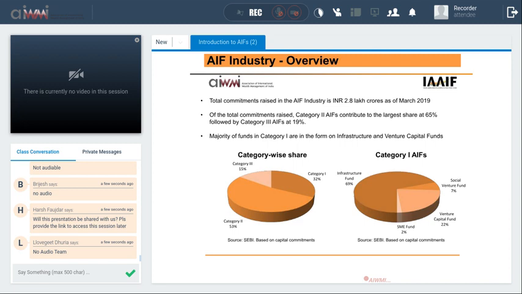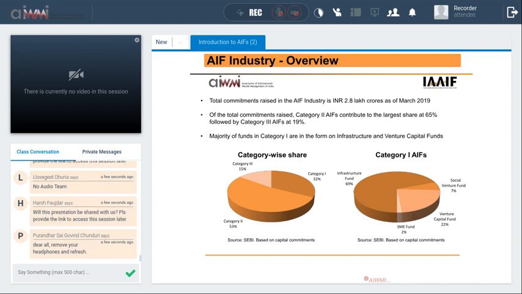So category two is really dominant, as well as category three itself also has a very, very high share. Now within category one, most of the funds are infrastructure funds. You have examples of social venture, venture capital, and SME funds as well. But predominantly, you're using the category one AIFs for investing in the infrastructure segment.